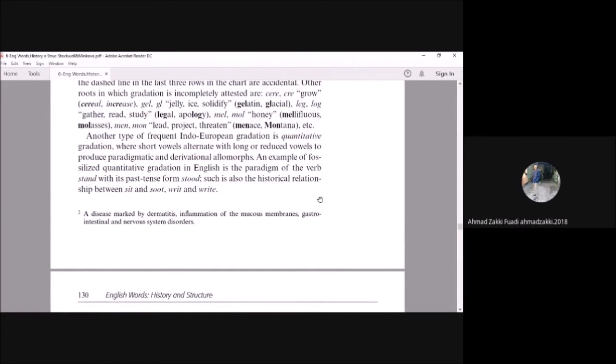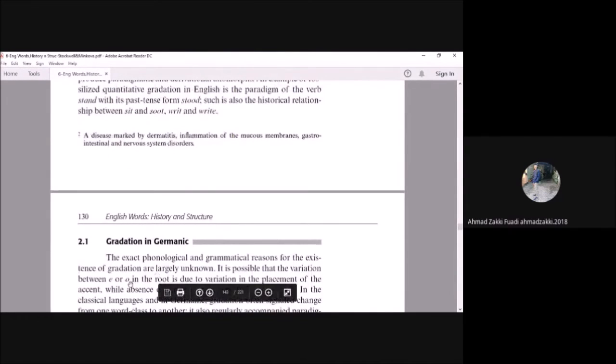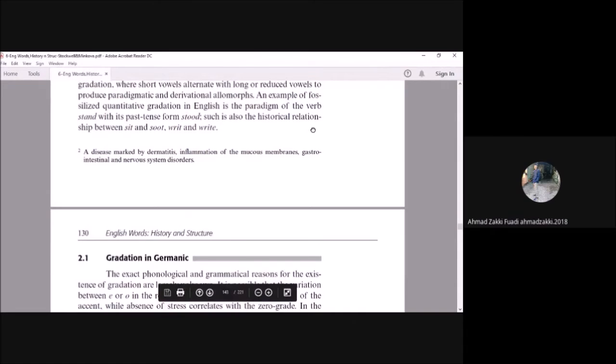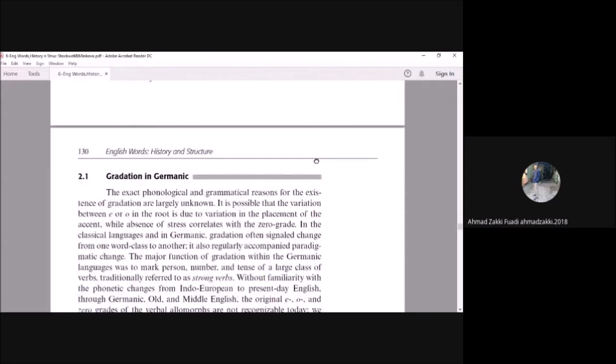Okay, so maybe can you read on the screen another type? Can you move to the upper pages? So the next topic is gradation in Germanic.